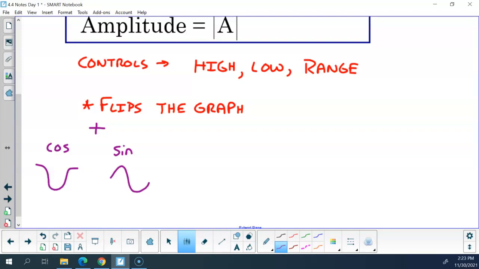But what I'm saying here is, if we've got a negative A value, then my cosine graph is going to look like a hump instead of a pothole.